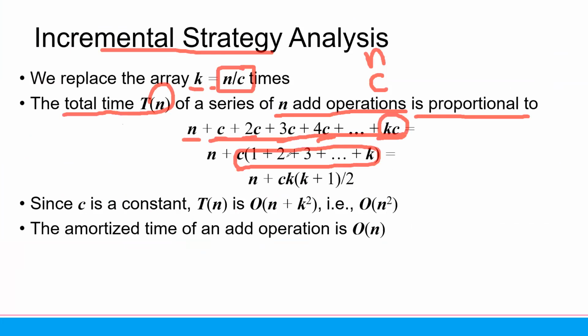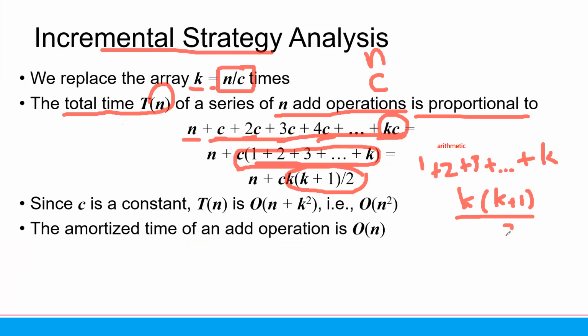If we have this sequence, you can think that this is the arithmetic sequence. 1 plus 2 plus 3 plus up to k will be equal to k multiplied by (k plus 1) divided by 2.